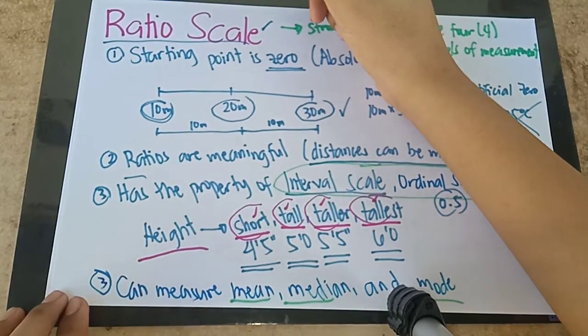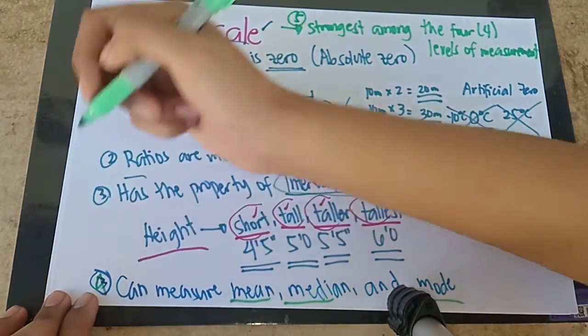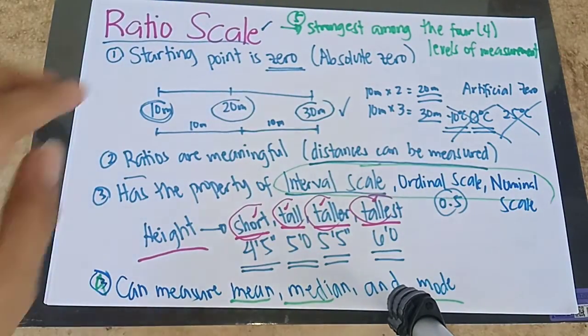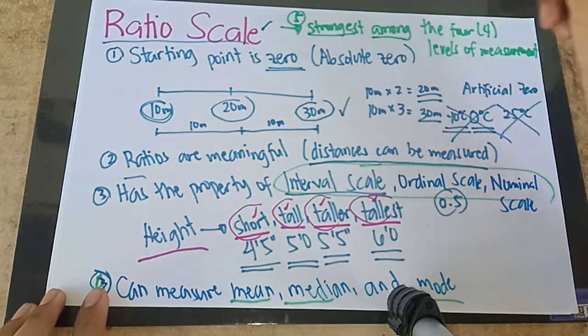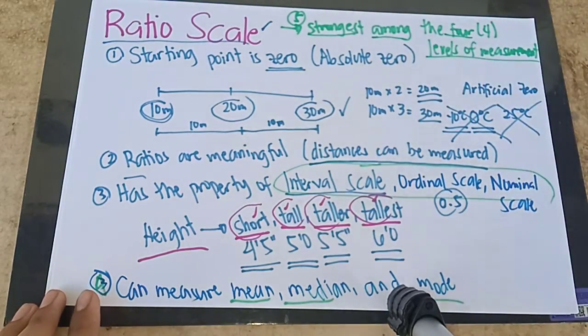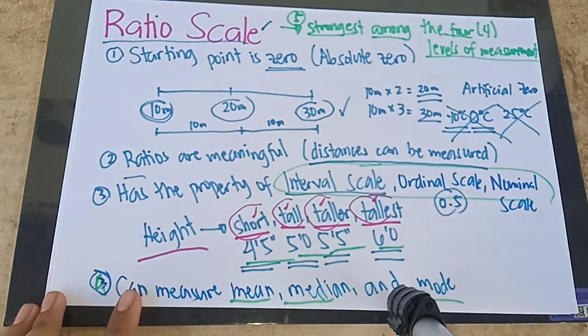Okay? So this would be number 4. Sorry. So that is characteristic number 5. Ratio scale is the strongest among the four levels of measurement. Okay? So something we forgot. In the ratio scale, we use numbers. Obviously, we use numbers. So meaning to say, it is quantitative in nature.